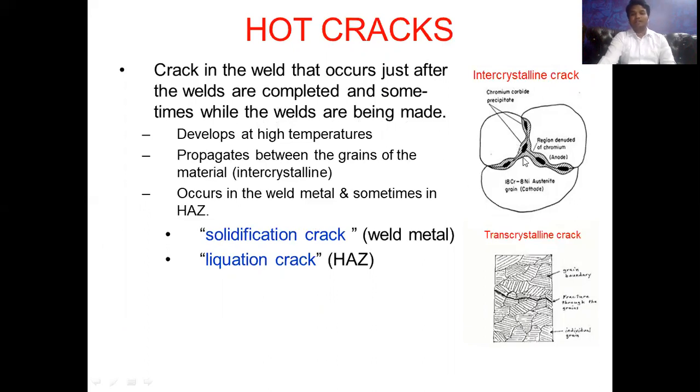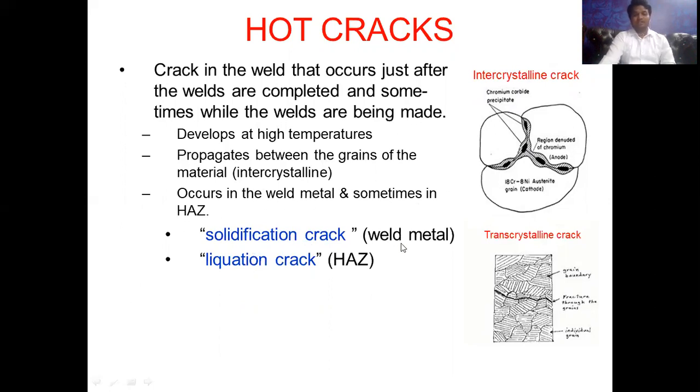The cracks which are observed just after the completion of the weld or just during the weld, we call hot cracks. It develops due to the high temperatures and propagates between grains of the materials. These cracks occur in the weld metals and sometimes in the heat affected zone.